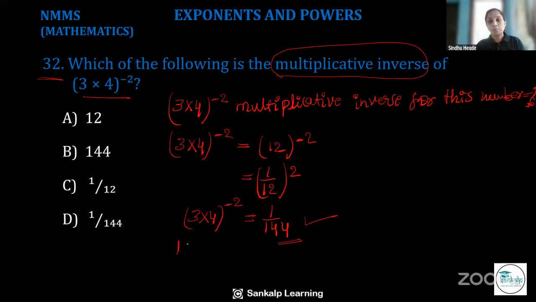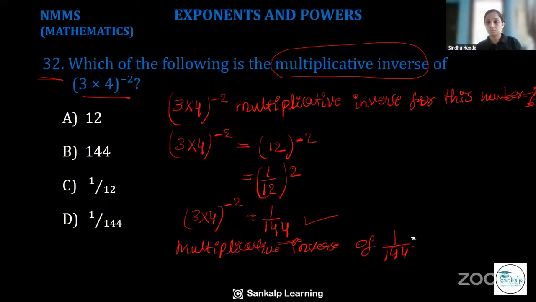So the multiplicative inverse of 1 divided by 144 is just to take the reciprocal.